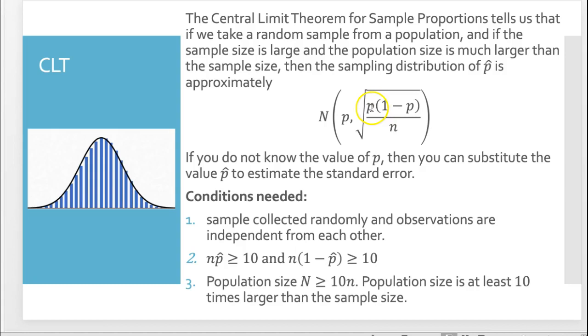That's the product of the proportion and 1 minus the proportion over n, your sample size.